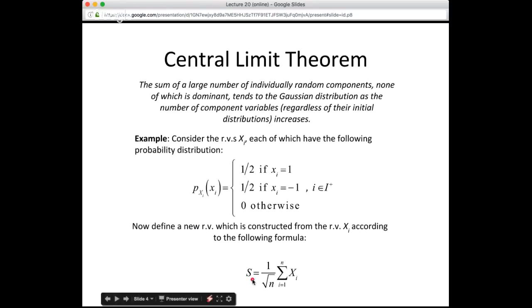We define a function g, which relates our new dependent random variable S in this case to the sum of the independent random variables Xi, each of which is governed by this probability mass function pXi. And you see that in this formula, we're normalizing the sum by 1 over square root n. So we get a different dependent random variable depending on the choice of n that we choose. So the bigger the number n, the more random variables Xi we're summing over.